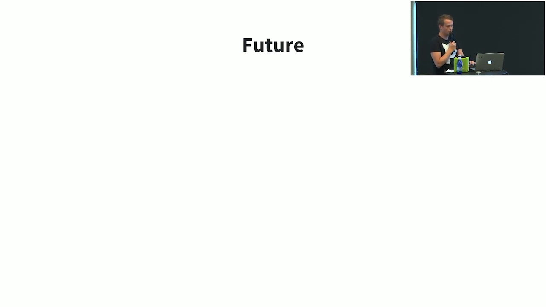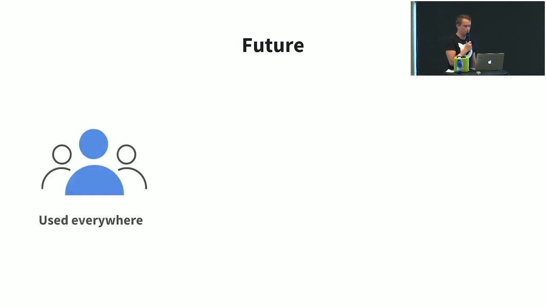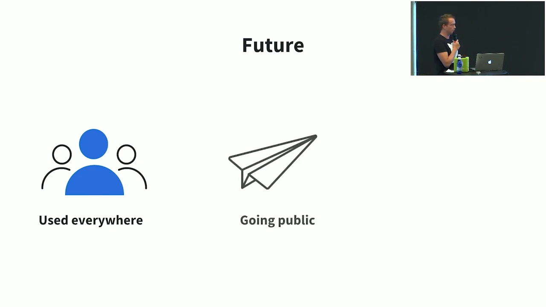Regarding the future, we expect Convention UI to be used in all of our front-end projects. This slide is old because it's already used in, I'd say, 98% of the projects. But maybe used everywhere would also mean that our third-party people, the guys who build our marketplace applications, would be able to use Convention UI.